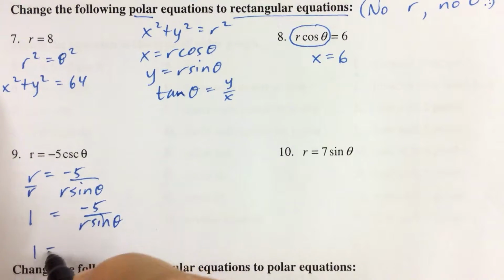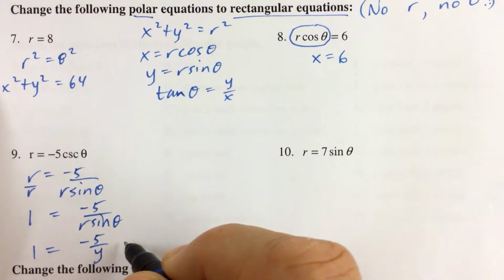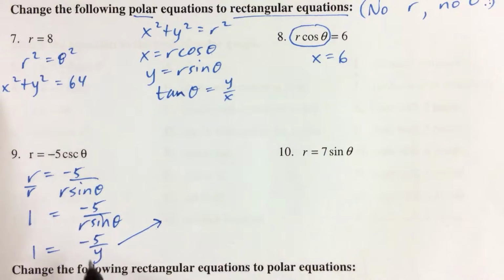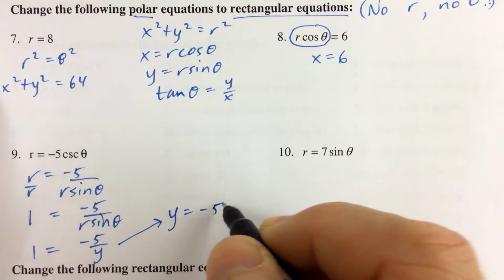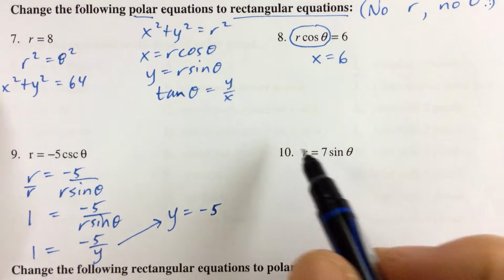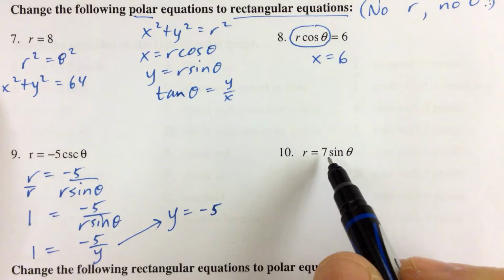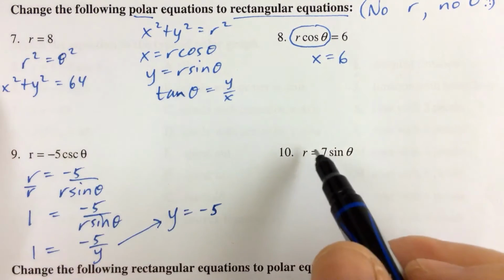And again, r sine theta is the same thing as y. And so multiplying both sides by y, we get y equals negative 5, and we're done.